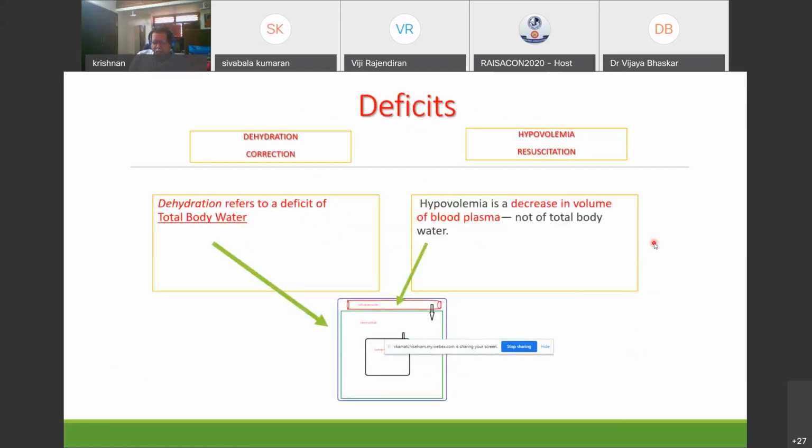So now we have a patient who has 15% dehydration. That means severe dehydration. The patient's BP has crashed. The pulse is very weak. There is cellular dehydration, plus the amount of fluid in the vascular compartment is also reduced. The condition where the amount of fluid in the vascular compartment is low, we call hypovolemia.